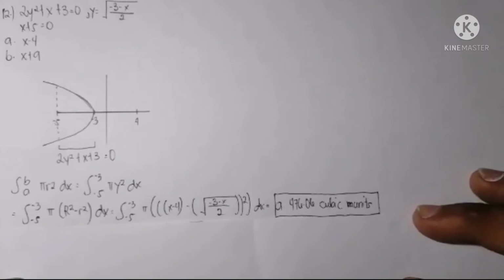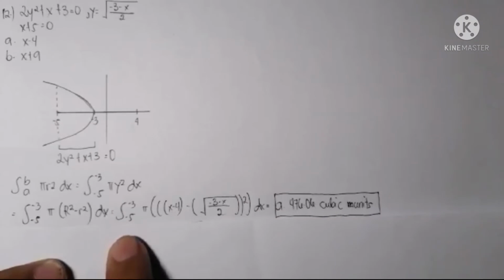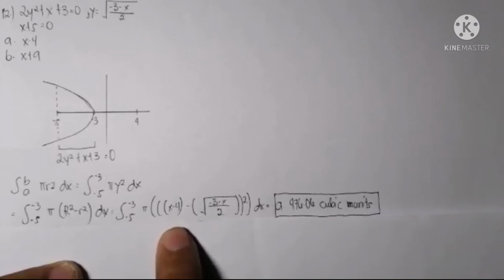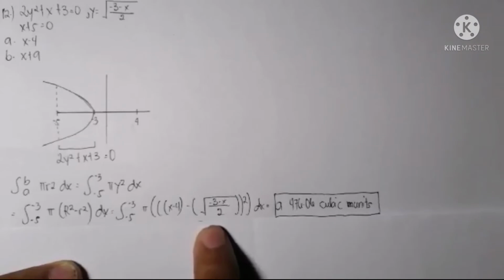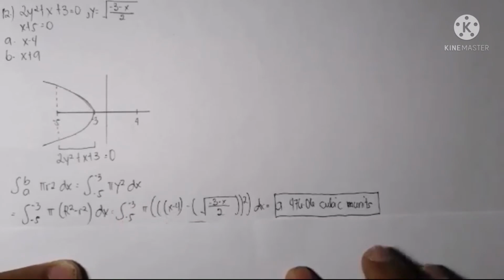So pi times the integral of big R squared minus small r squared dx from negative 5 to 3 is equal to the integral of pi times (x minus 4 times the square root of (negative 3 minus x) over 2) squared dx from negative 5 to 3.